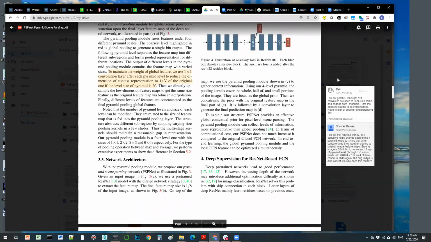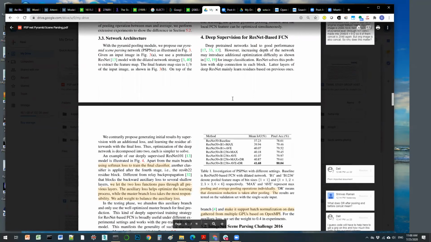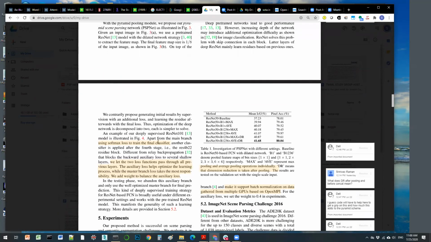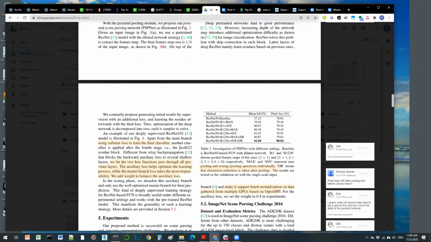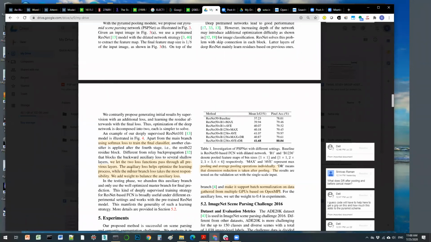Okay, so this is what the deep supervision talks about. Apart from the main branch using softmax loss to train, another classifier is applied after the 4th stage, and they think of it as a residue block. They back propagate both of them all the way back. We let the 2 loss functions pass through all previous layers.